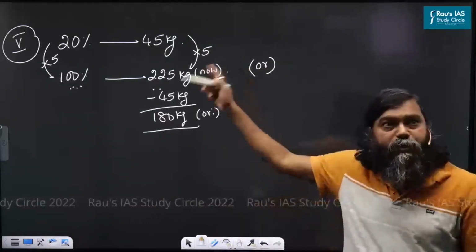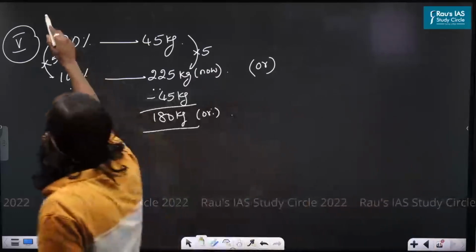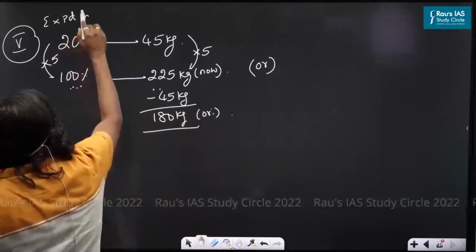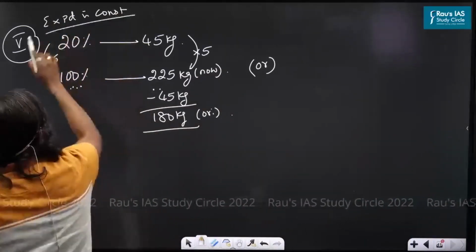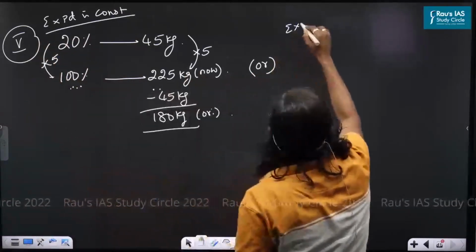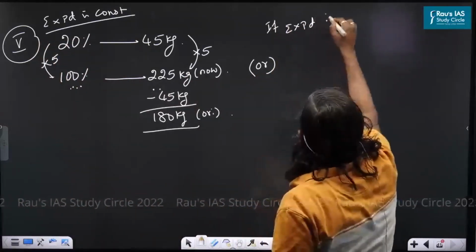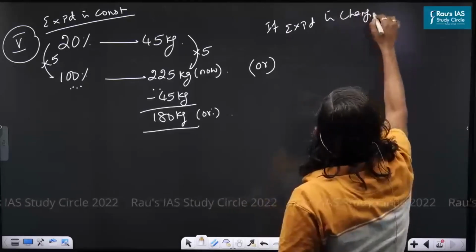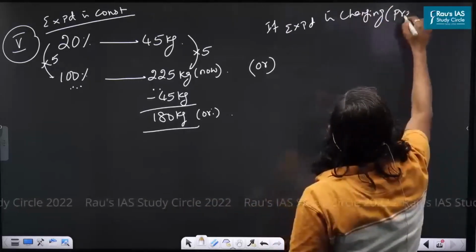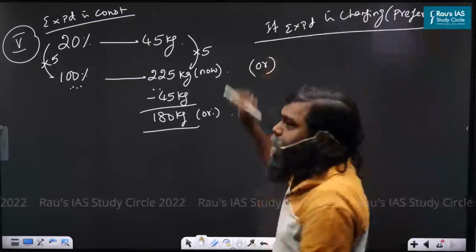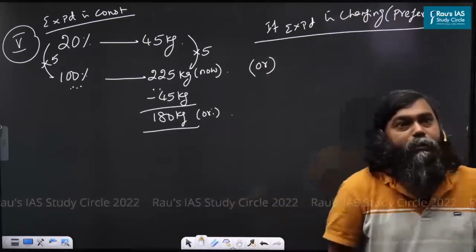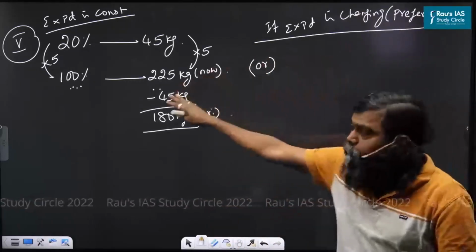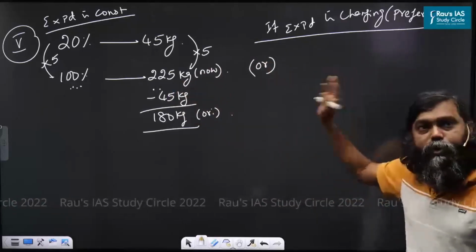If expenditure is constant, prefer this interpretation. If expenditure is changing, then prefer the other interpretation. Are you ready? I will teach you by this same question, and I will also tell you when to prefer which.